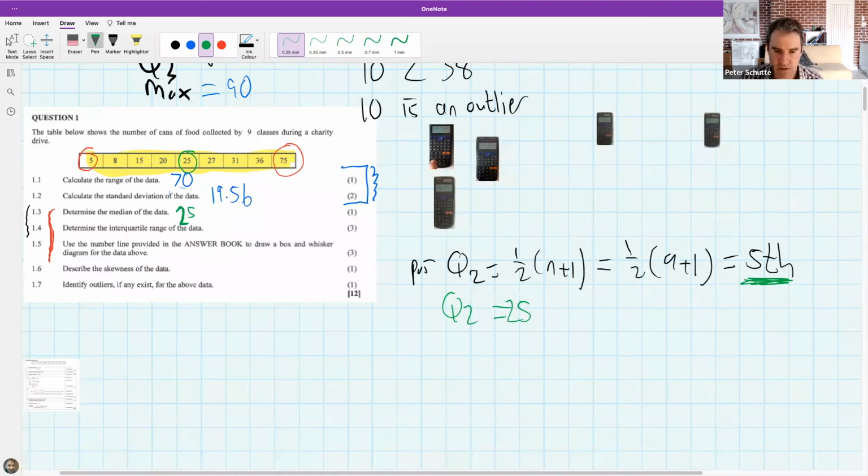Who would give me their answer for Q1 and Q3? Because that's what I need to get the interquartile range.